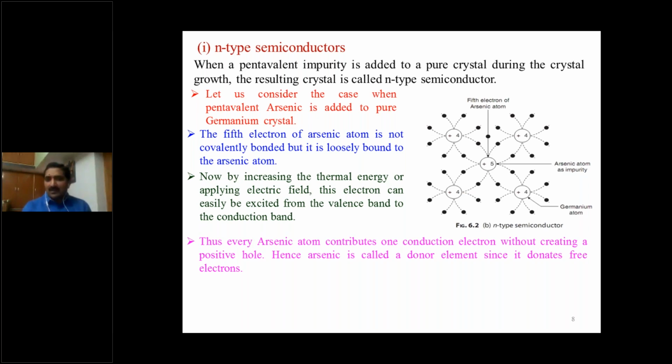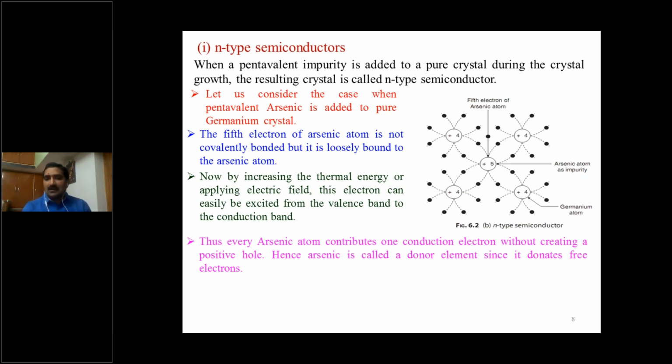Here, the fifth electron is not in a covalent bond, so with a little energy it moves to the conduction band without creating any hole. That means in an n-type semiconductor, no hole is created by the movement of electrons from the valence band to the conduction band.